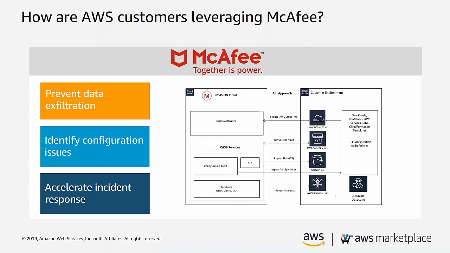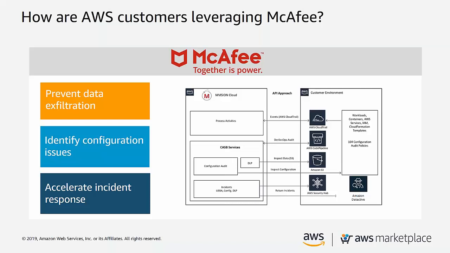They're using MVision for visibility into critical or sensitive data stored in S3, right? One of the things it can do is make sure that you've got the proper controls and security in place to prevent data loss on that.